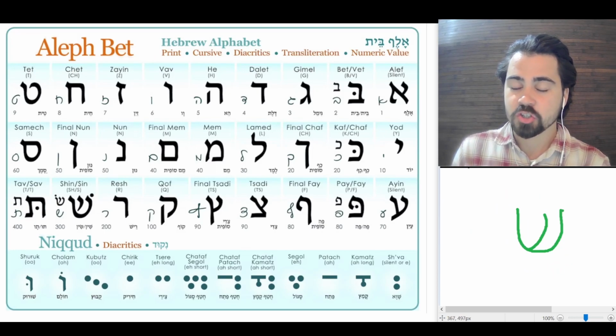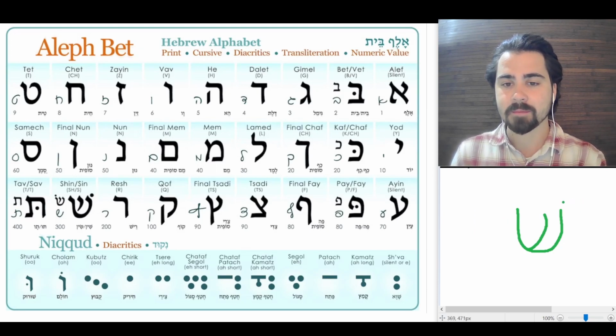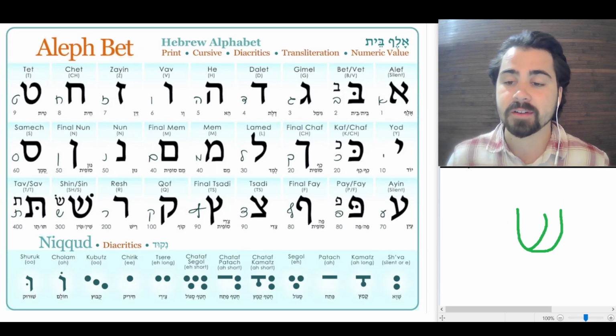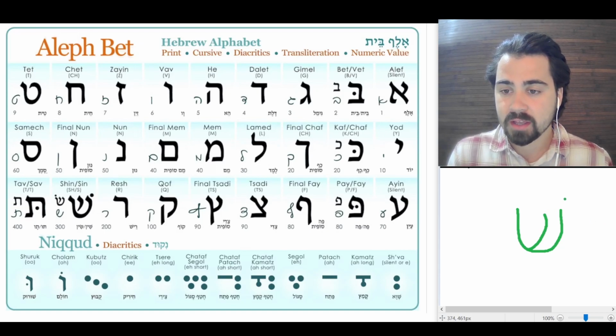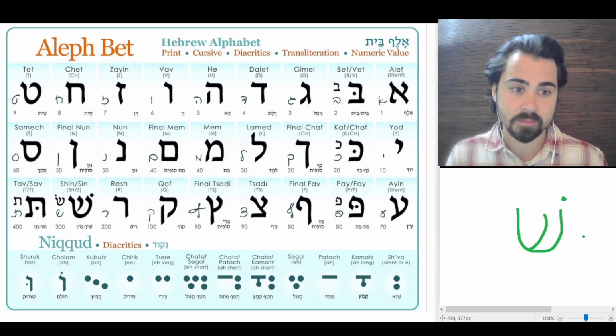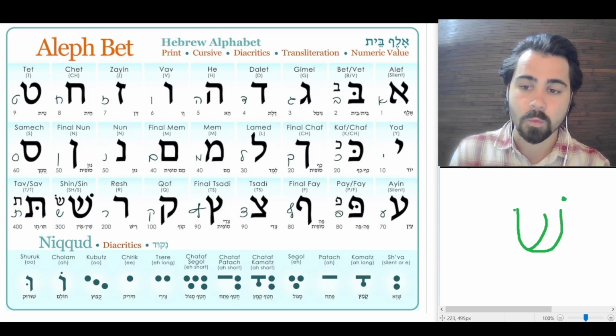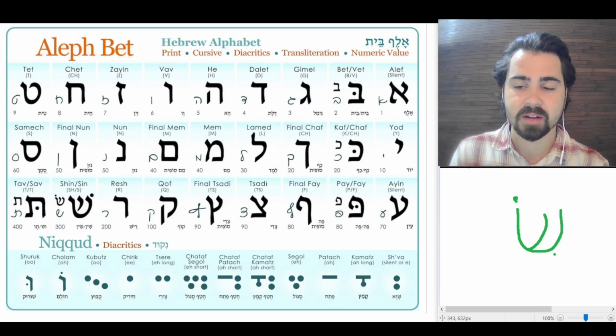Okay. So with the shin, we have something special. Again, it's a letter that has two different forms. One, the default one, is with a dot on the top right. But sometimes we would have the dot on the left. It's not as common, but it happens.